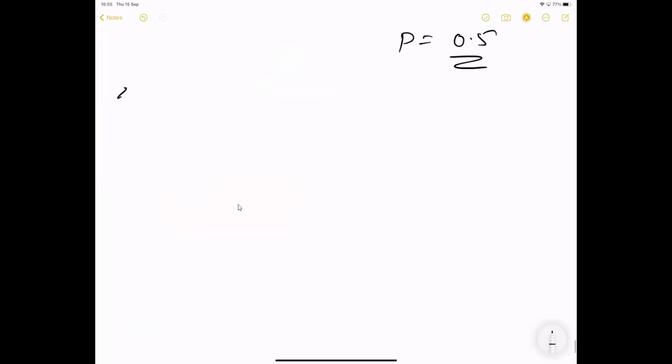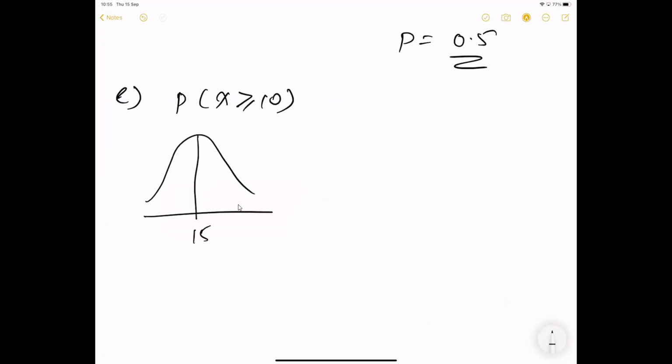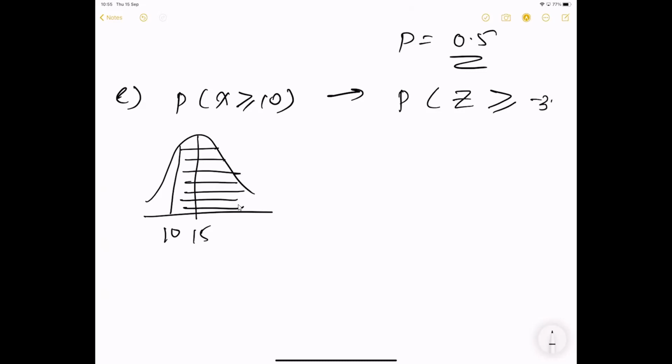Part E. We have the mean value 15, and this one is 10. Greater than area means this is what we want to find. First, we convert into Z. This one should be minus 3.54, and normally in the table we can't find minus 3.54, though in some tables we can.